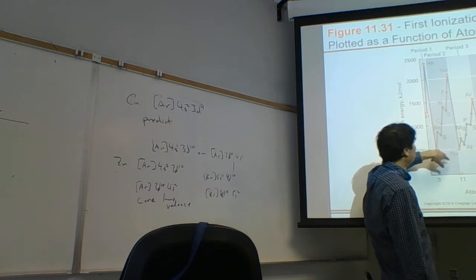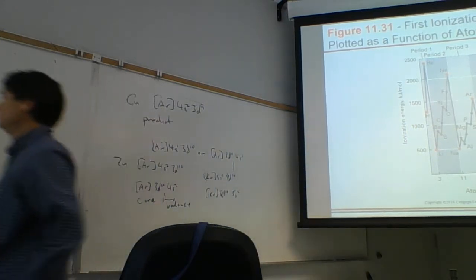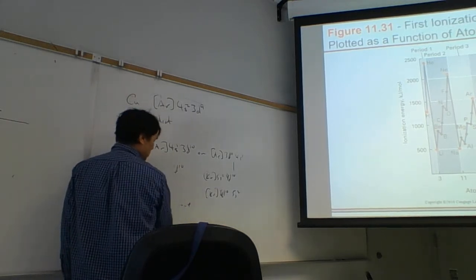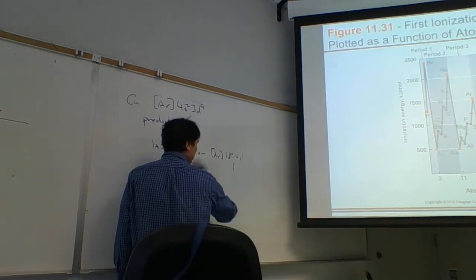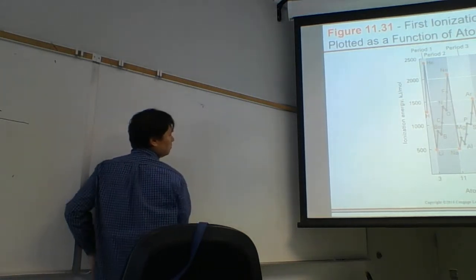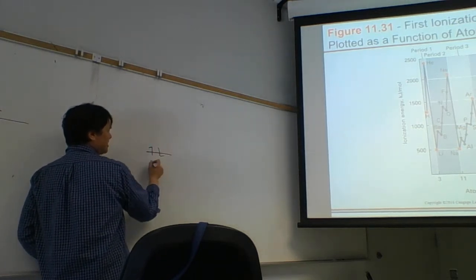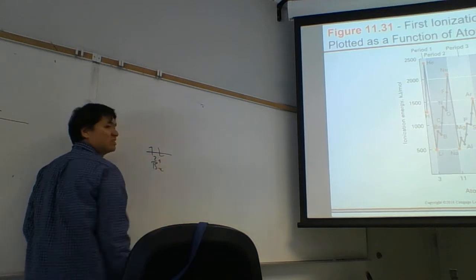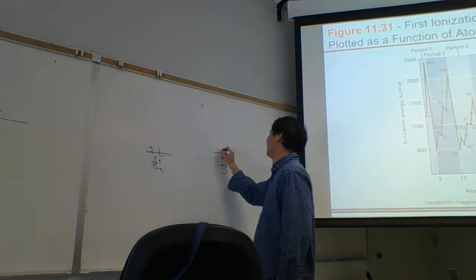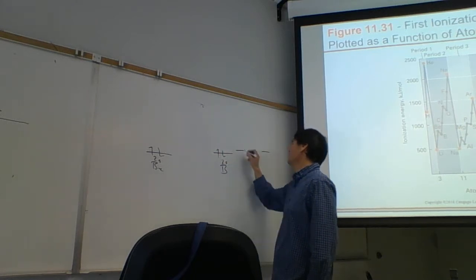Exceptions based on orbitals. And the same thing with beryllium versus boron. If we look at beryllium versus boron, boron's smaller. If boron's smaller, why is it easier to ionize? It should be harder to ionize a smaller atom. Well, the reason is beryllium is like this. It's 2s2. Whereas boron is 2s2, 2p1.